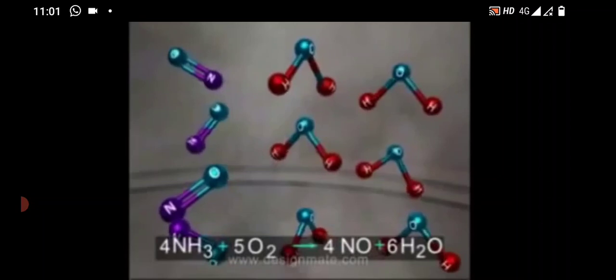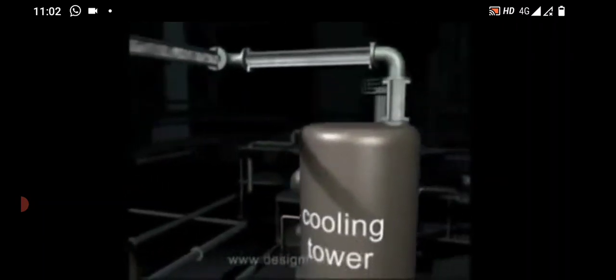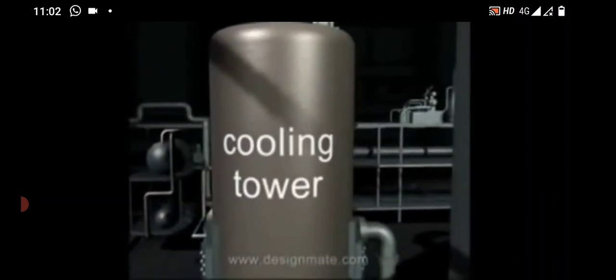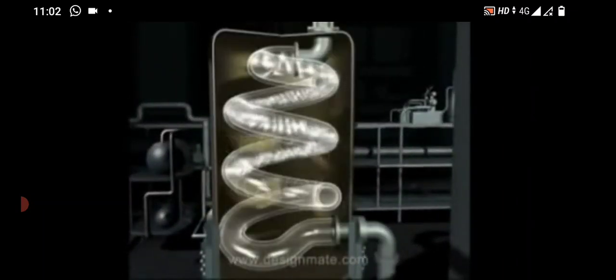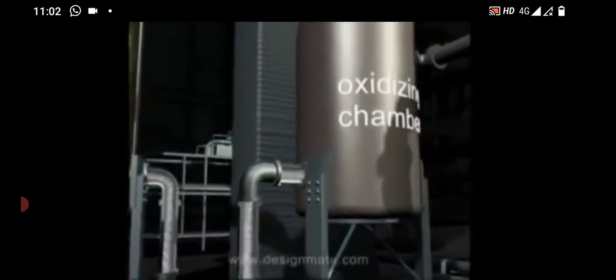This is an exothermic reaction. This nitric oxide gas is allowed to pass through the cooling tower, and the gas is cooled to 50 degrees Celsius. The cooled nitric oxide is now allowed to pass into the oxidizing chamber.